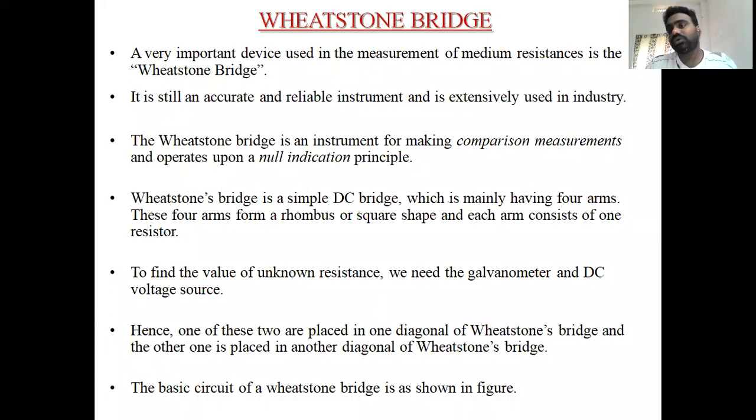We have to adjust the current ratings and the resistance ratings such that we see a null deflection in the galvanometer. The galvanometer is placed diagonally between the four arms of the DC bridge, and after experiencing the null deflection we can clearly experience the behavior of the unknown resistance.